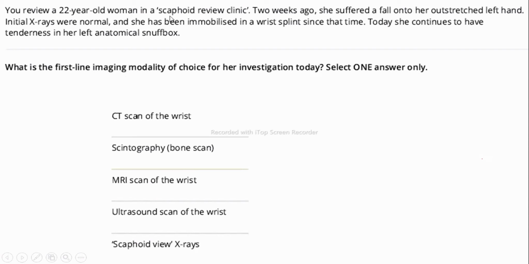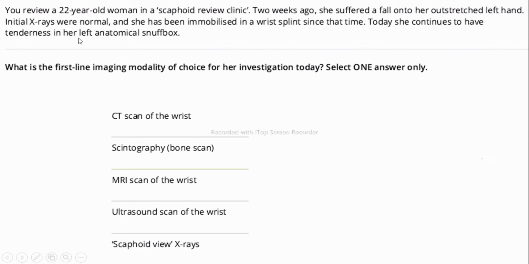A 22-year-old at the scaphoid review clinic. Two weeks ago, she suffered a fall on an outstretched left hand. The initial X-ray was normal. That's why she is following up at the scaphoid review clinic, right? She has been immobilized with a wrist splint and asked to follow up.